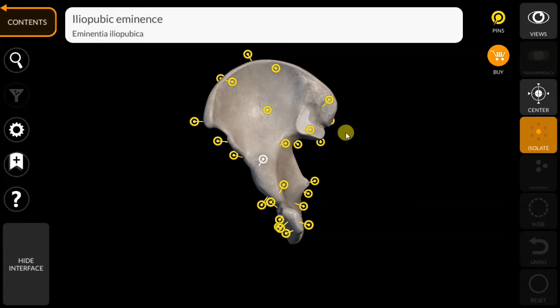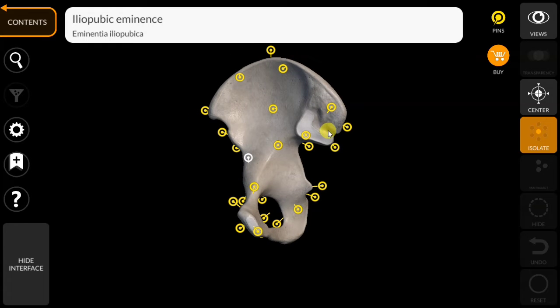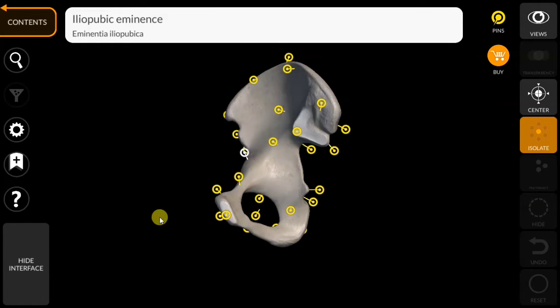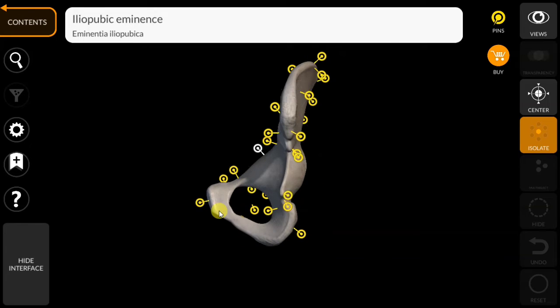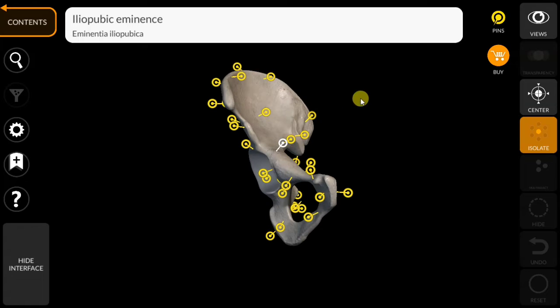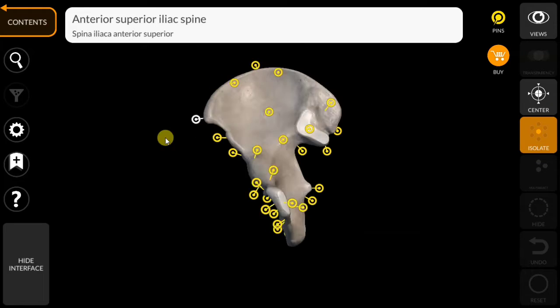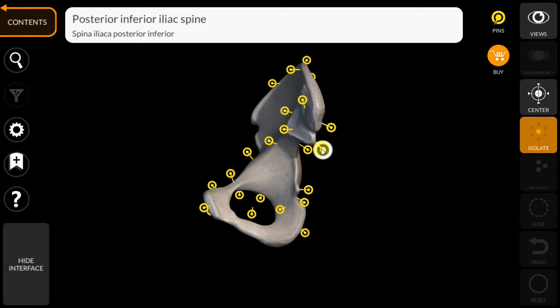Now the hip bone is divided into three bones. The first one is the iliac bone, the whole upper one. The front one is the pubic bone, and the posterior one is the ischium, which we call the ischial bone. On the posterior side we have the posterior superior iliac spine and the posterior inferior iliac spine.